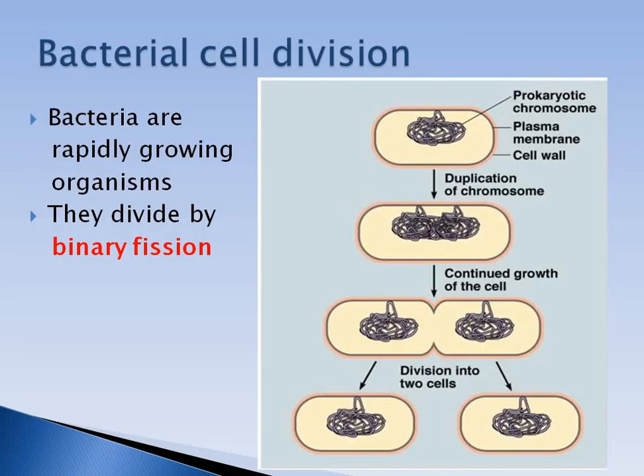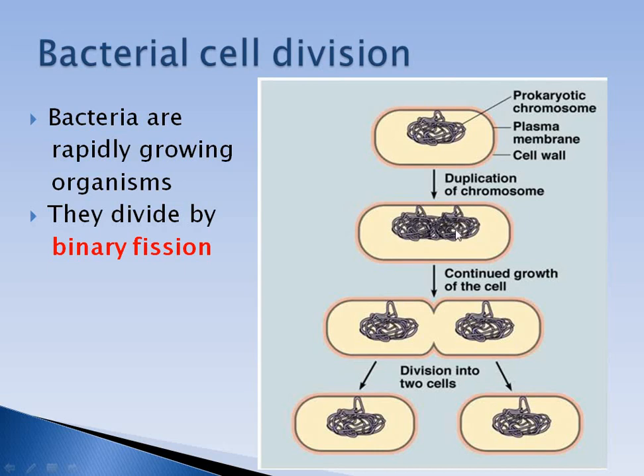Now the bacterial cell division. Bacteria are rapidly growing organisms. They divide by binary fission. As you can see in this figure, when the cell is about to divide, what happens? The cell elongates and the chromosome duplicates itself.